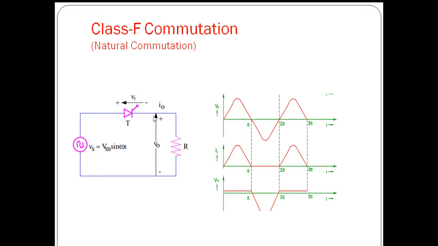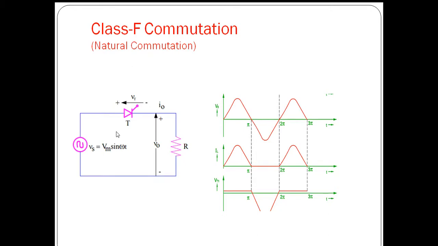We already discussed the process of conduction of SCR in our previous lectures. Now we are observing the natural commutation process. So as the device is forward biased and we have provided the gate signal, the device will be in conduction. So supply waveform will appear like this.